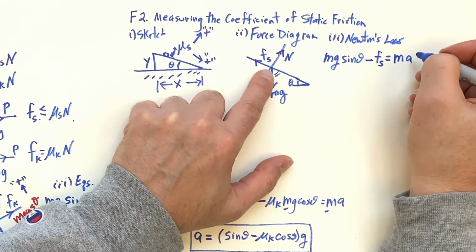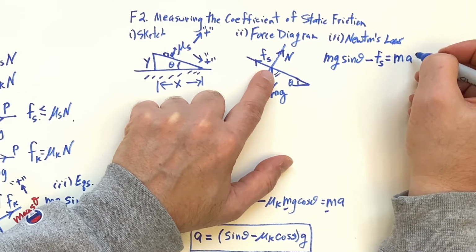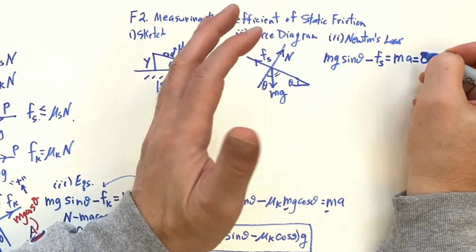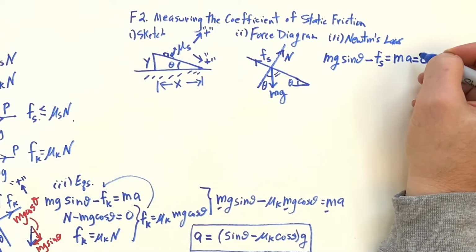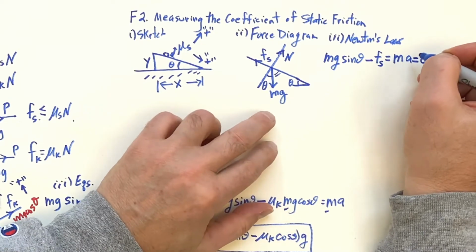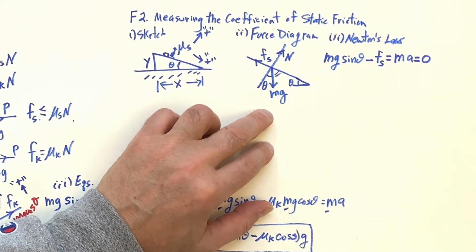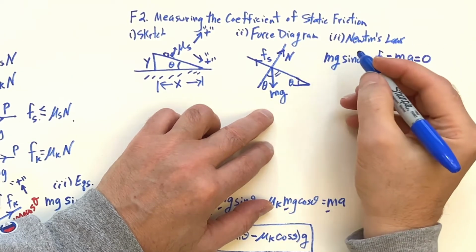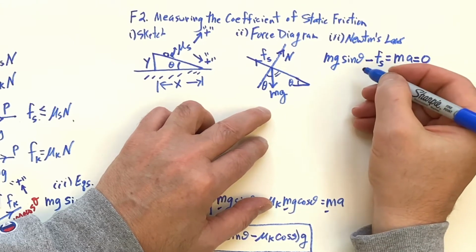And since this is the case where it just budges and is about to start moving, we can set the acceleration to 0. It's just about to start to move, but it's not moving. The angle at that last moment is going to give us the answer for the coefficient.